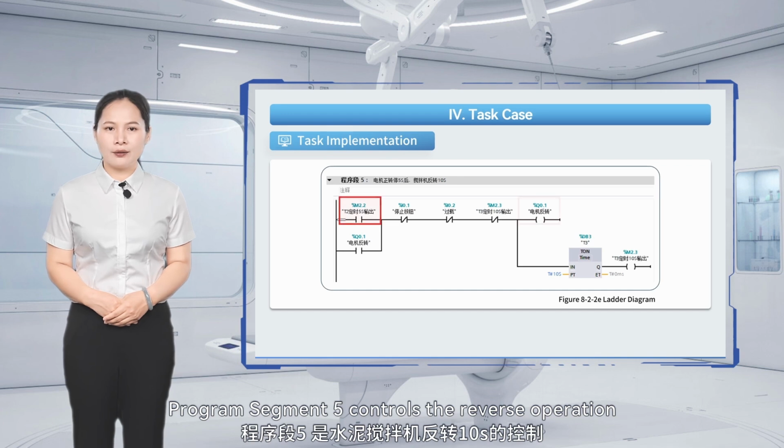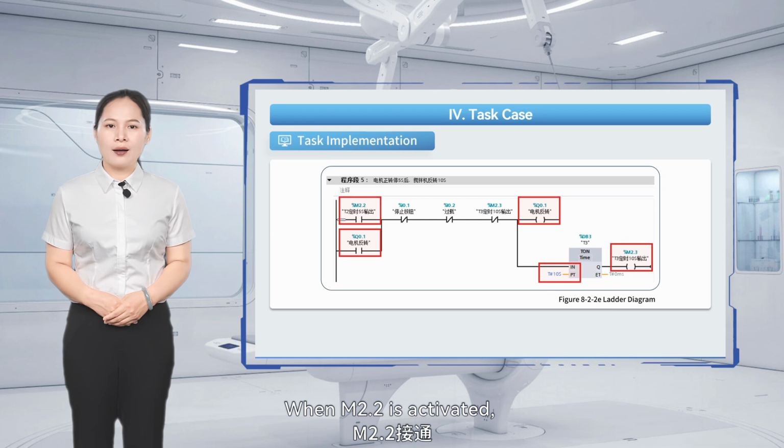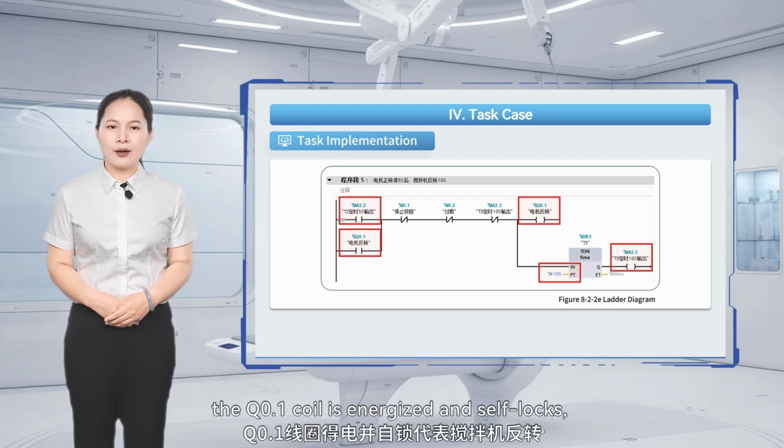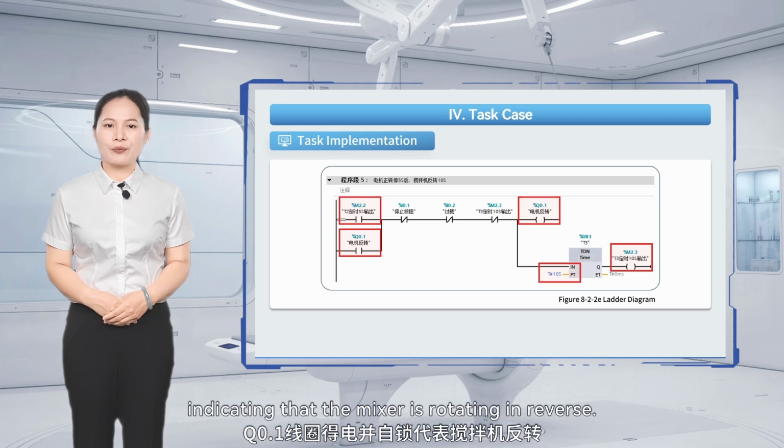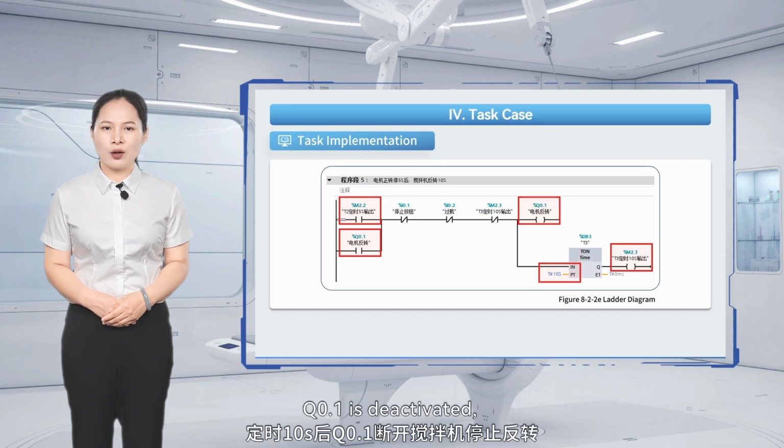Program Segment 5 controls the reverse operation of the cement mixer for 10 seconds. When M2.2 is activated, the Q0.1 coil is energized and self-locks, indicating that the mixer is rotating in reverse. The T3 timer starts, and after 10 seconds, Q0.1 is deactivated, stopping the reverse rotation of the mixer.